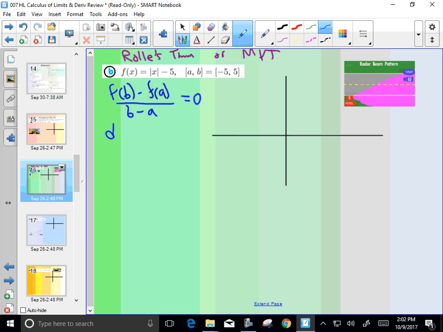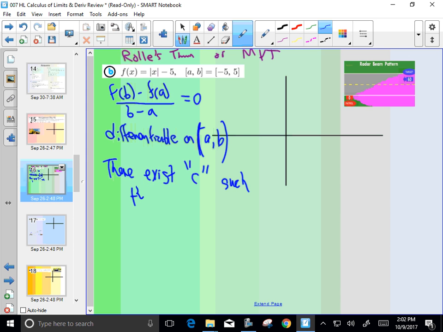And it needs to be differentiable on, I think they called it AB, not including A and B. If you have a slope of 0 and it's differentiable on AB, then there exists C such that f prime of C equals 0 in this case.